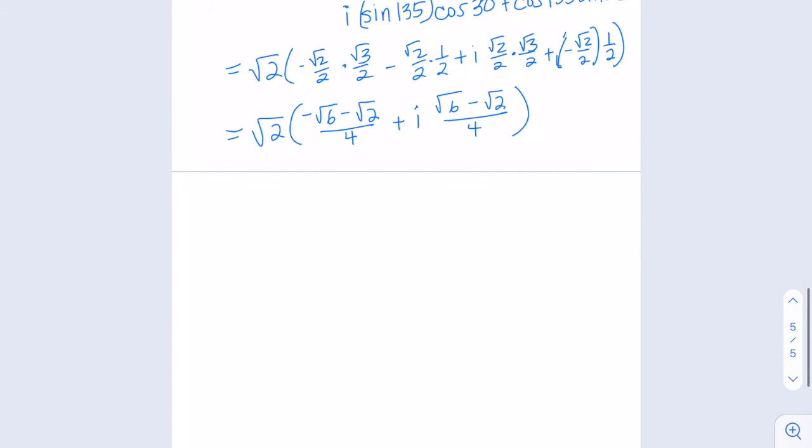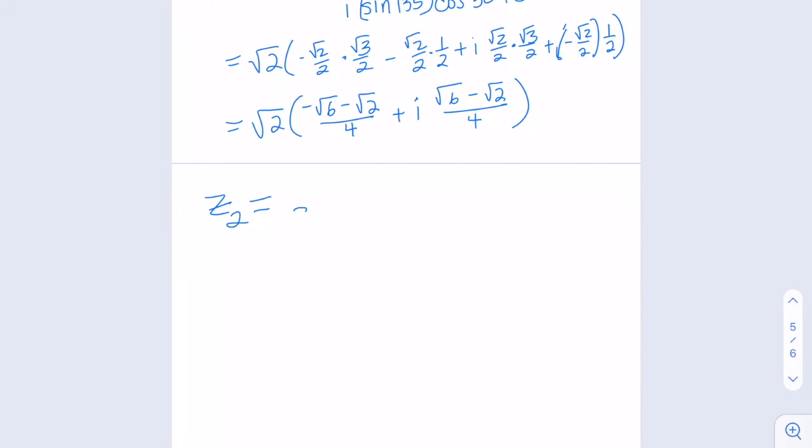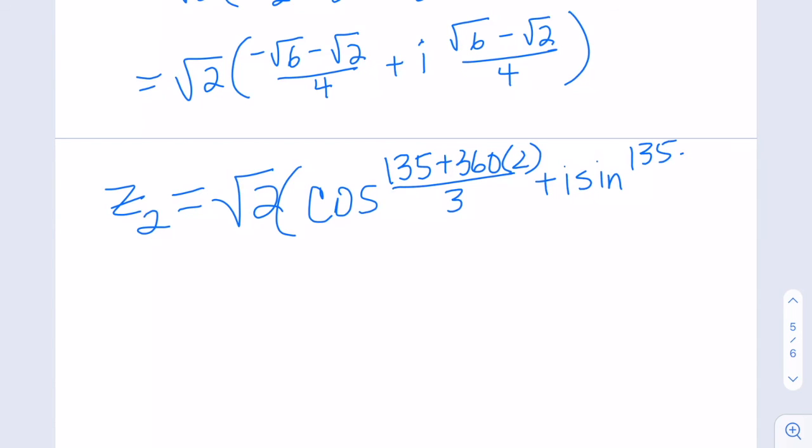And so let's look at the second one. So z sub 2 is going to be the square root of 2 times cosine. I'm going to zoom in here so I have room. 135 plus 360 times 2 over 3. And then that's going to be the same thing here. I sine 135 plus 360 times 2 over 3.